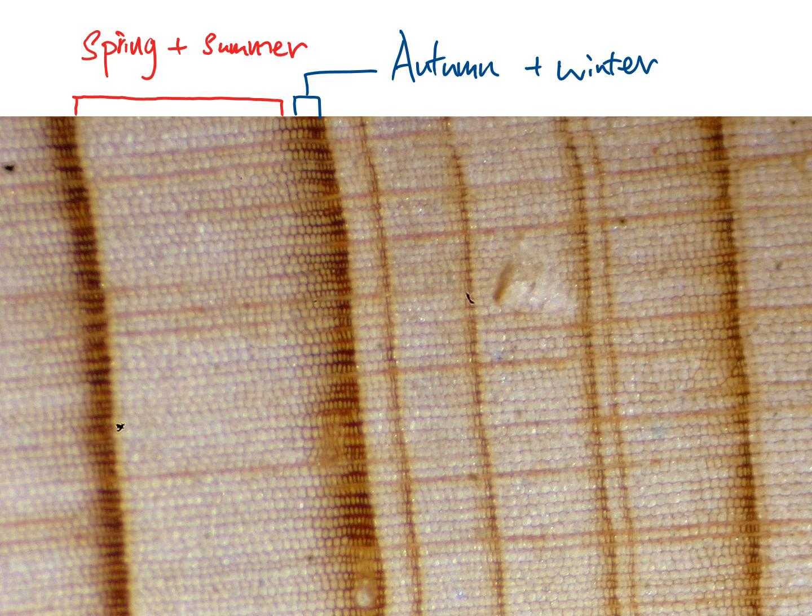So these xylems are produced in the spring and summer. And those xylems with a much smaller lumen, or hole, are the xylem produced in the autumn and winter.